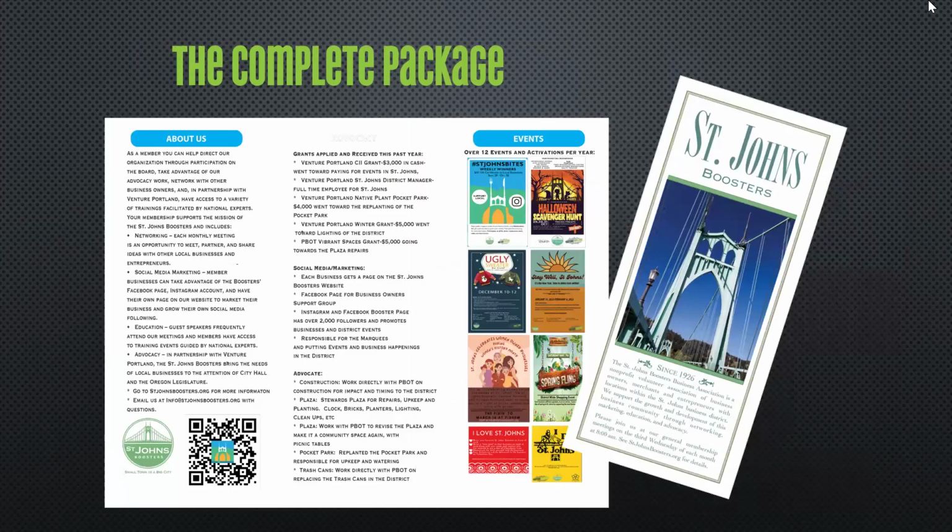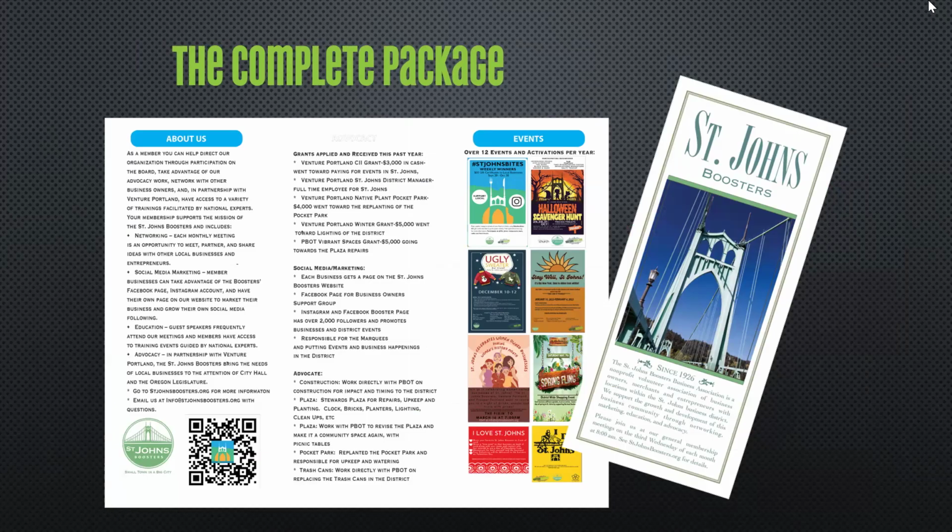So here's an example of a little trifold pamphlet that St. John's Boosters use when they're doing in-person visits to businesses. And this is really helpful because it's just a quick and easy way to help the businesses understand what your organization does.